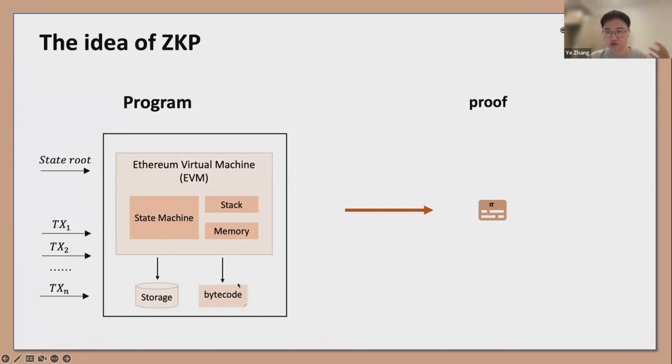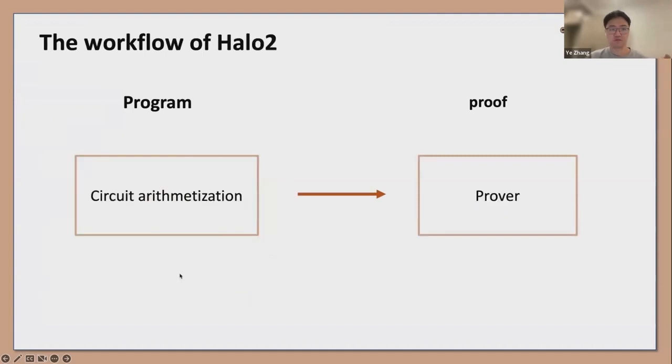How you are going to do that is that you first need to re-implement your program using something like a ZK language, where initially it might be in any high-level language. This step is called circuit arithmetization.